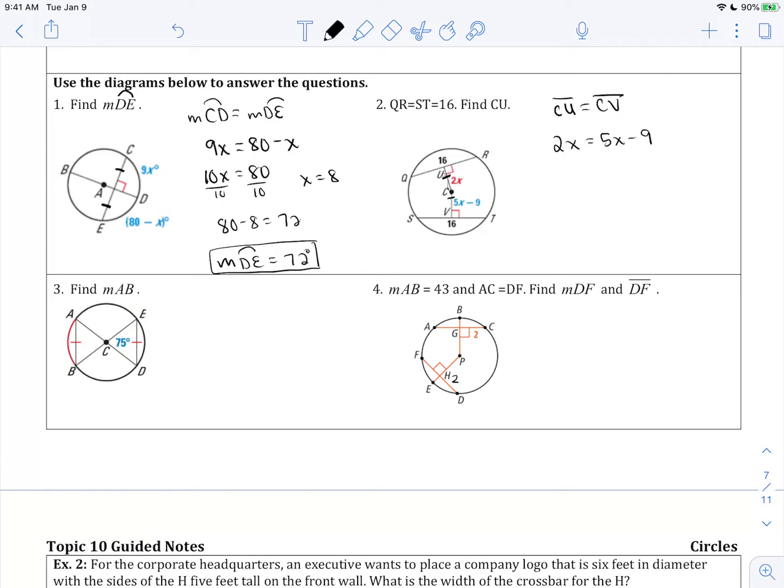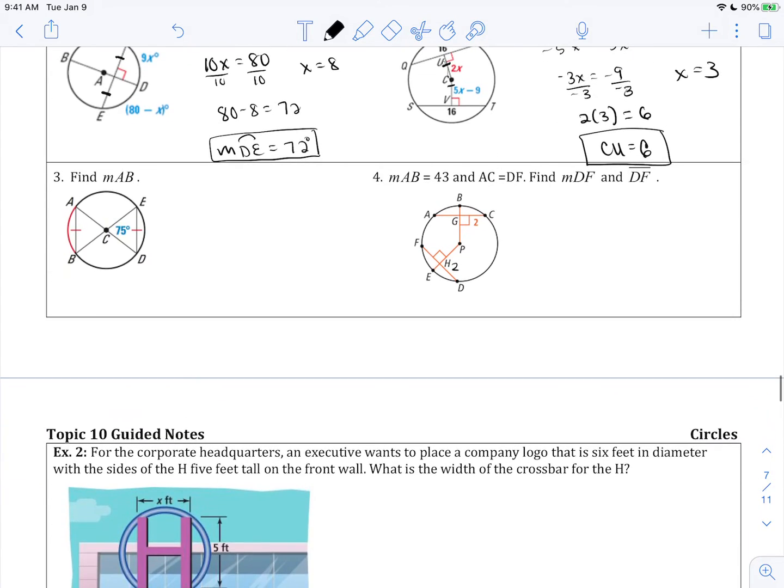Now that you have this set up, solve, so we'd subtract 5x from both sides. We'd get negative 3x equals negative 9 and divide by negative 3. Again, it's asking for a specific length, not just x, so now I'm going to plug that 3 back in. So 2 times 3 is 6, so CU equals 6, right?